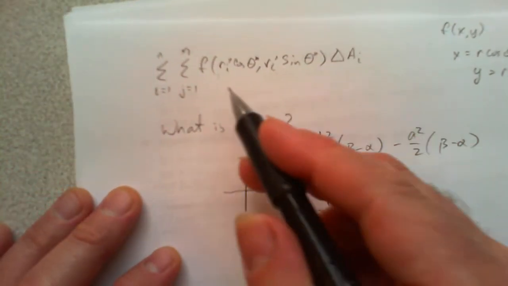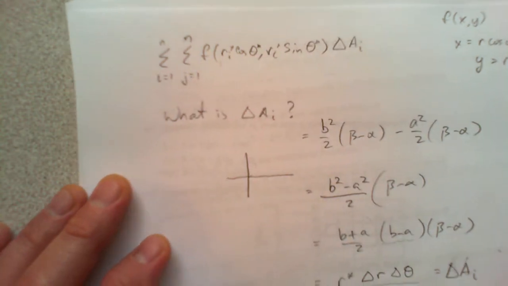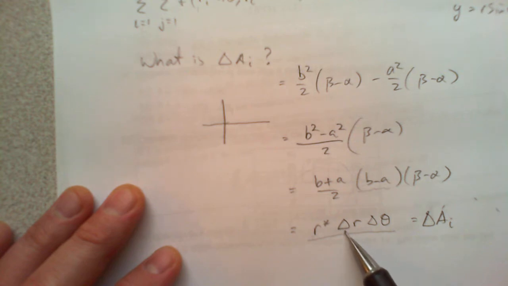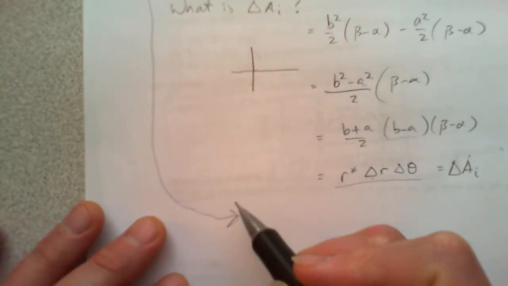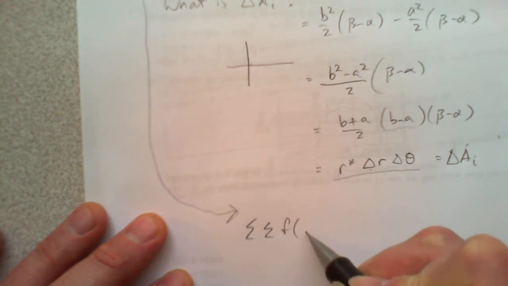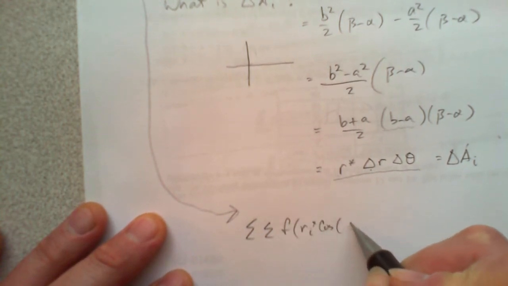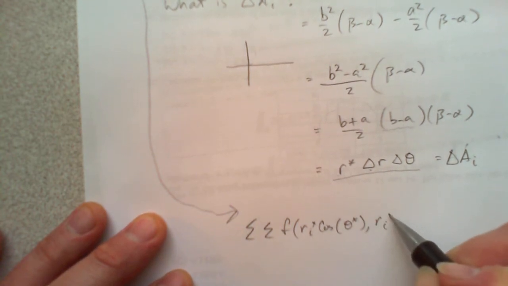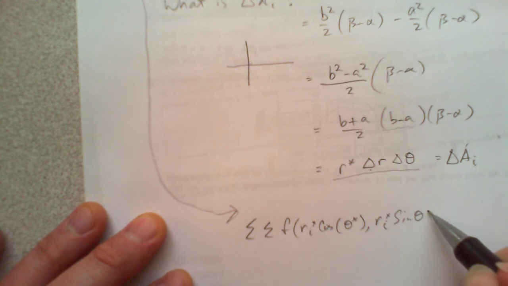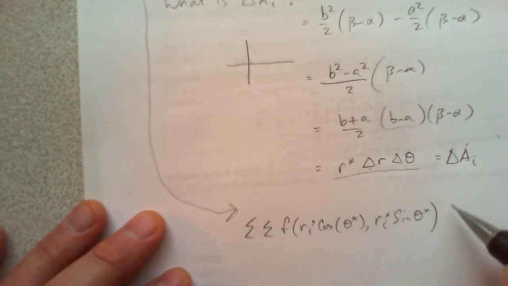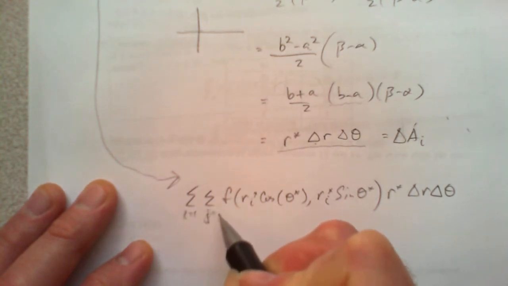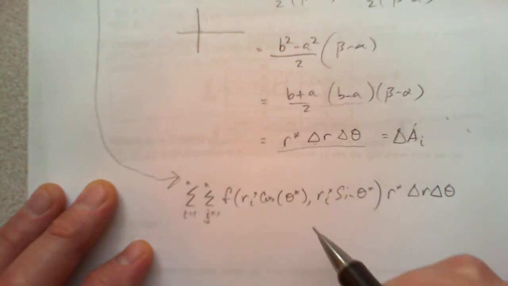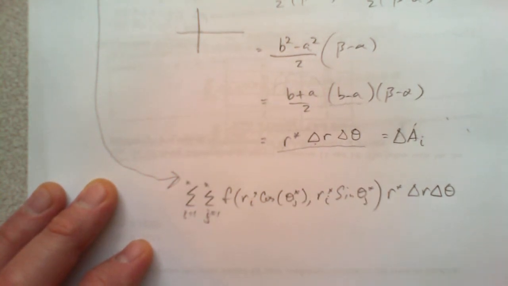We can now conclude that this sum, we can insert that it's r star times delta r delta theta, so that now this equals the double sum of f of Ri star cosine of theta star, Ri star sine of theta star, multiplied by, this is what's coming in from the change of variables, delta R delta theta, i equals 1, j equals 1 up to n, and those are theta j.